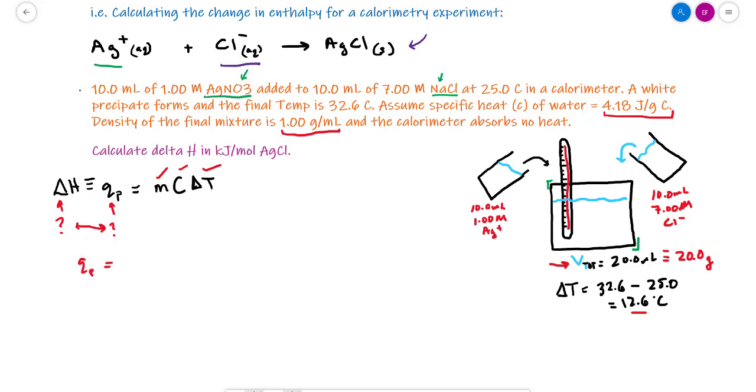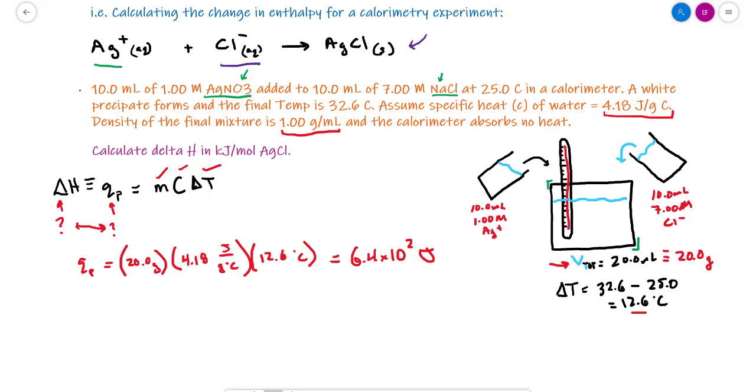Q at constant pressure is going to be equal to the mass of this thing, which is 20.0 grams, times its specific heat of water, 4.18 joules per gram per degree C. Remember, that's the thing that's changing temperature, the water of the solution, and we know that because we're given that, times the temperature change, which is 12.6 degrees C. So we can compute that out, and that gives us 6.4 times 10 to the second joules.